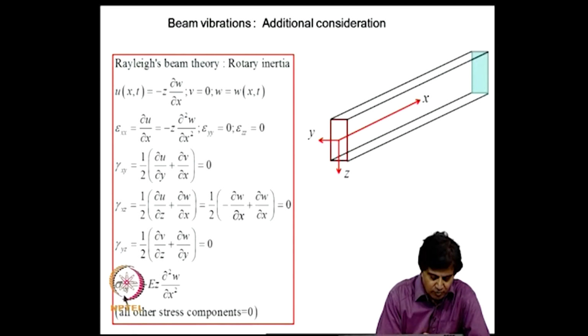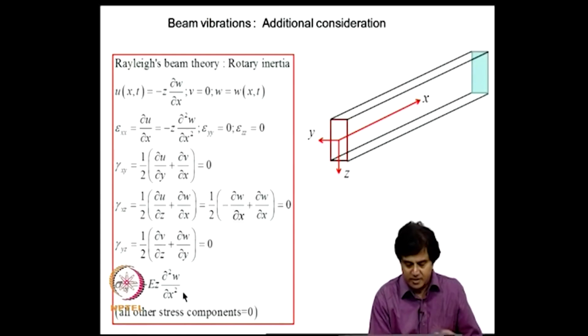So, now the only stress component that we are having is sigma xx, which is this. All other stress components are 0, because all strain components except epsilon xx are 0, therefore, the corresponding stress components are also 0.